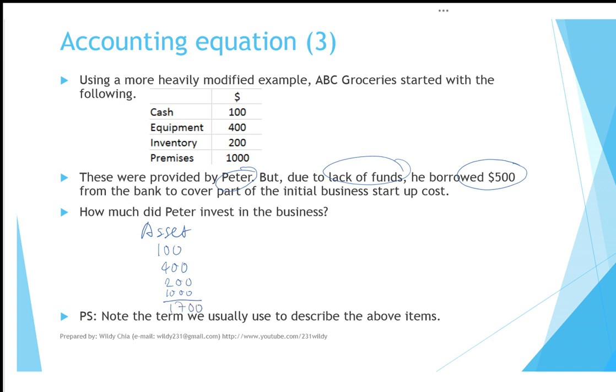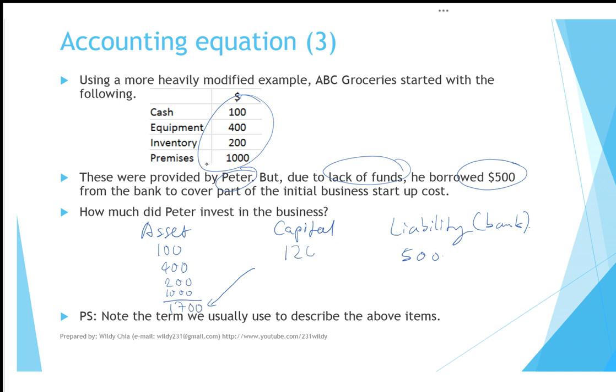But to obtain all these that you see, not all of them came from Peter. Part of it was borrowed from the bank, and therefore the business had some liabilities because they borrowed from the bank. The borrowing was 500, and Peter didn't provide all of the money to acquire all these assets. So how much would Peter have contributed?